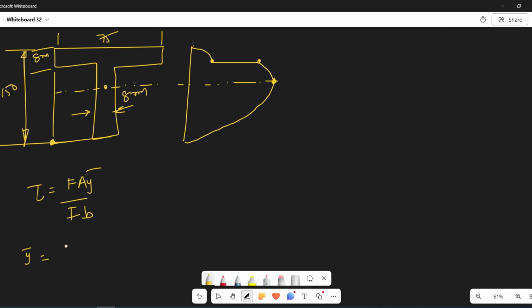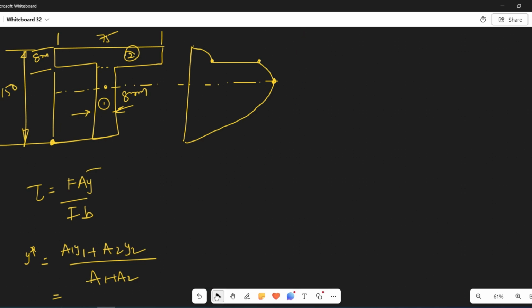Y bar. So here A1 means we divide them into parts. A1 area, first one 148.